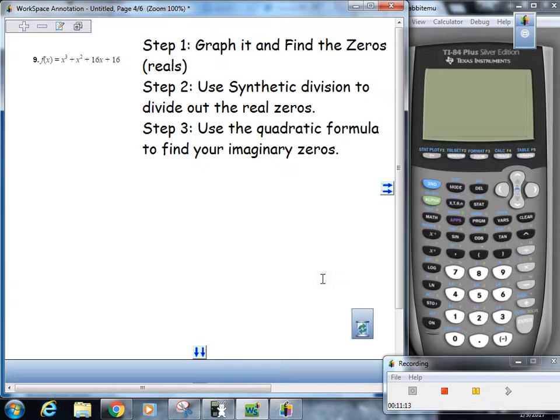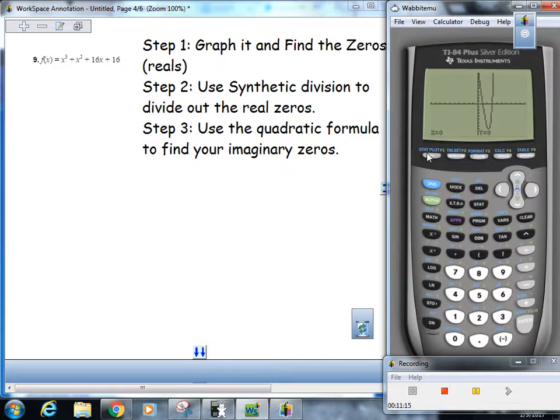So, let's pop it in our calculator. Y equals x cubed plus x squared plus 16x plus 16. Graph it.